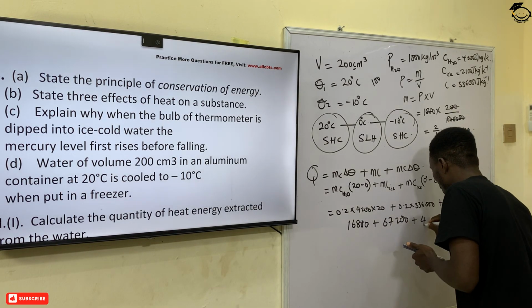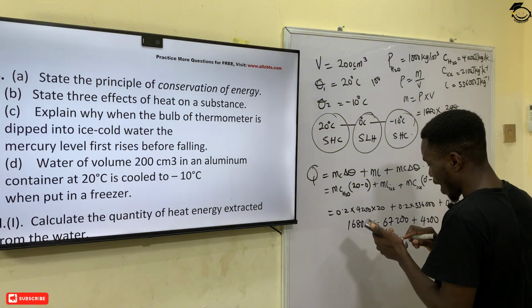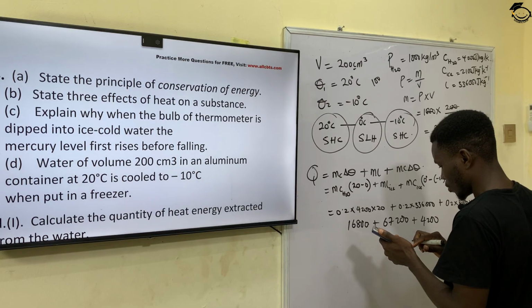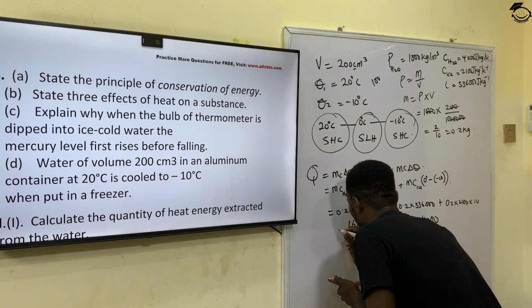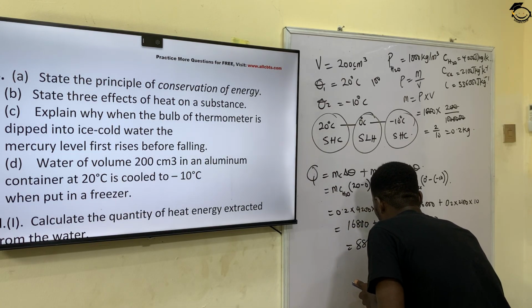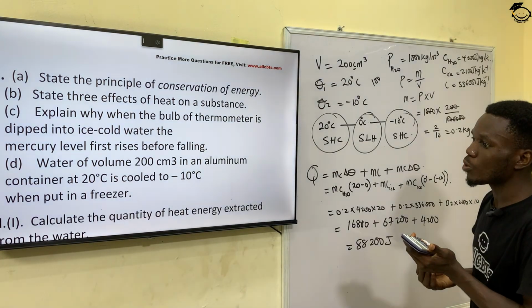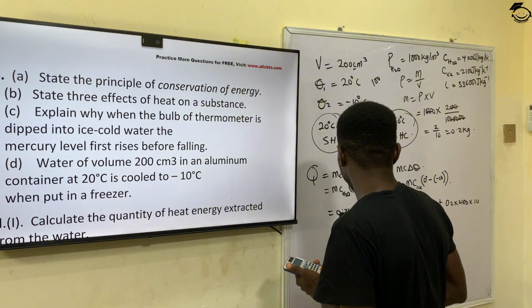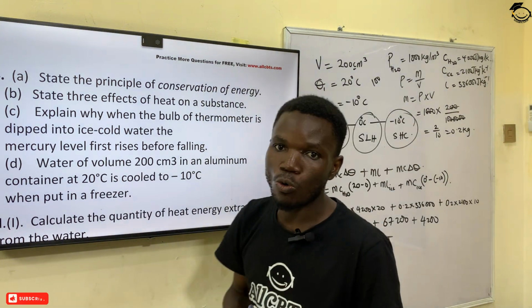That will give me 4,200. So if I add everything together, I'll be having 88,200 joules. It means that the total quantity of energy that was extracted from this water is 88,200 joules of heat.